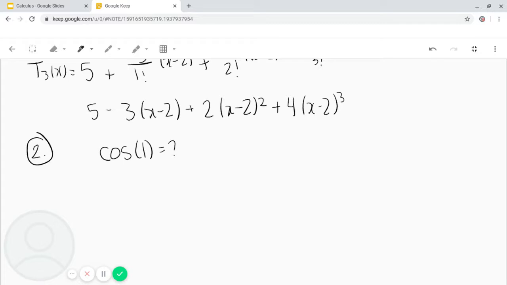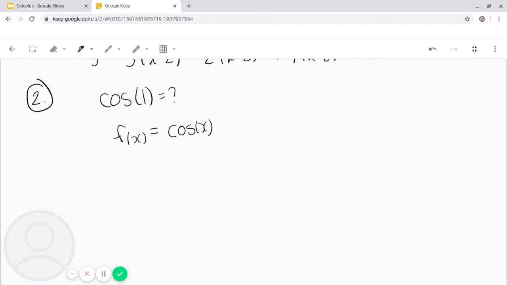We can just say f of x is cosine of x, and then for the value that we want to choose for a, which is close to 1 but not equal to 1, and one that will work within the context of cosine of x, I'm going to choose pi over 3 because it is approximately equal to 1.031, which is approximately equal to 1, so it's a pretty close estimate.